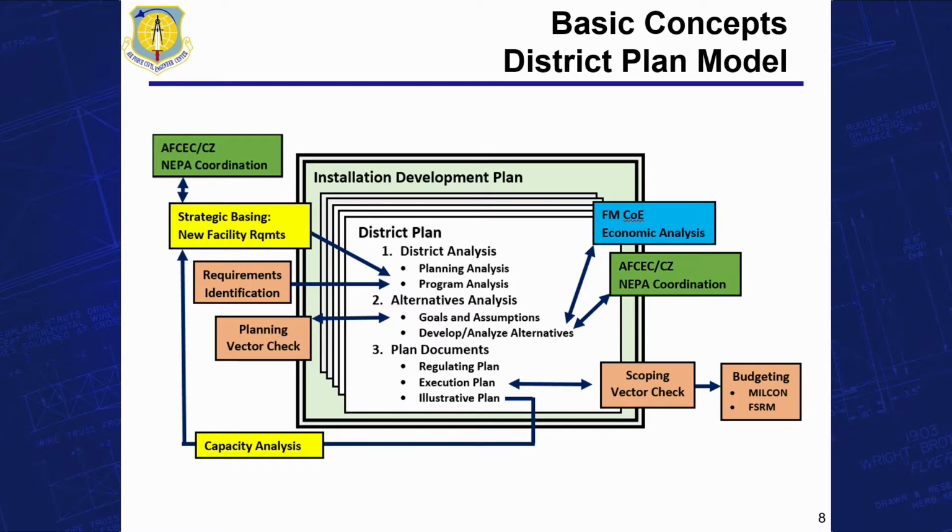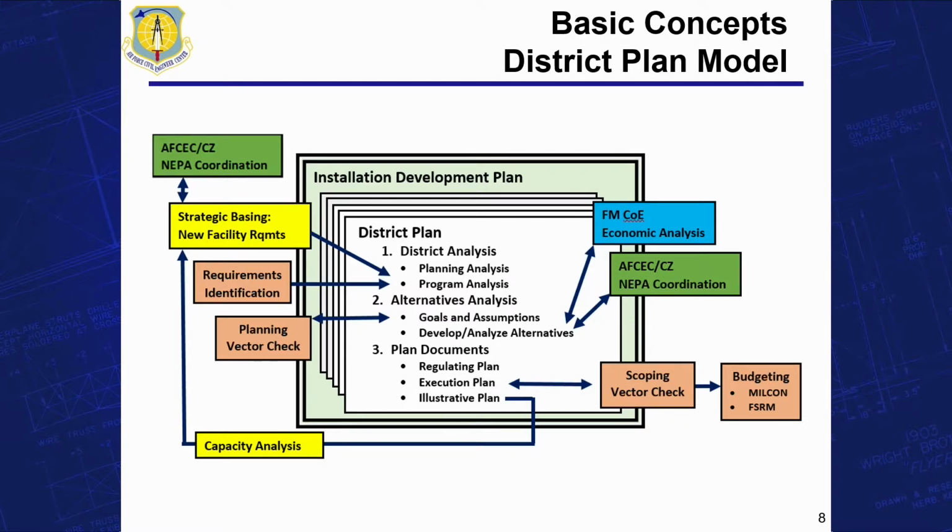Let's start with the upper left yellow box labeled Strategic Basing. Established by AFI 10-503, the strategic basing process should inform the installation planner of any significant increase or decrease in facility requirements associated with changing mission, manpower, or weapon system for the installation.